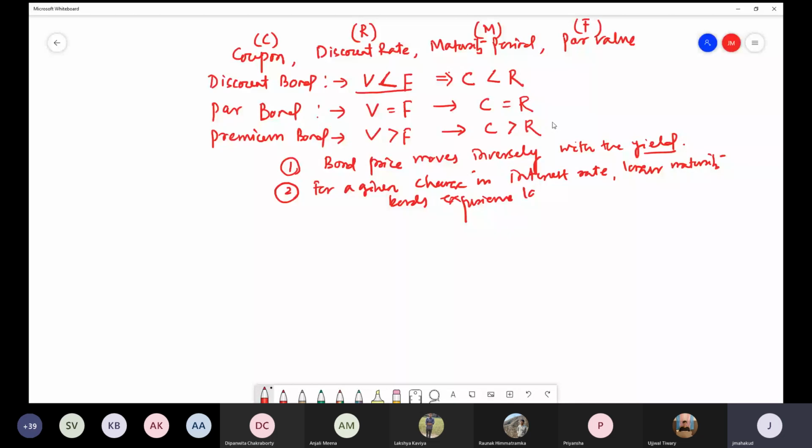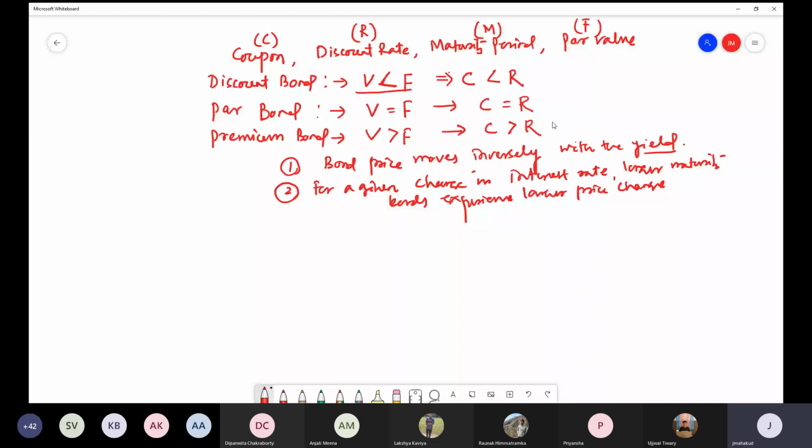So if you are comparing two bonds, one with a low maturity period and another with a high maturity period, you will always observe that the change in the bond price will be more for the longer maturity bonds in comparison to the short-term maturity bonds.